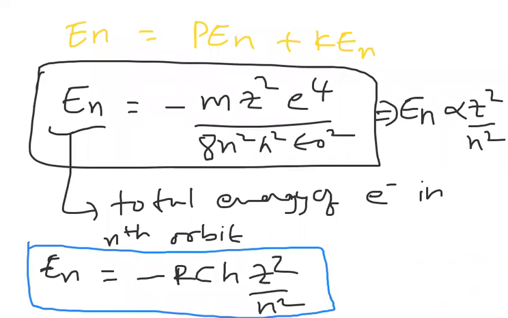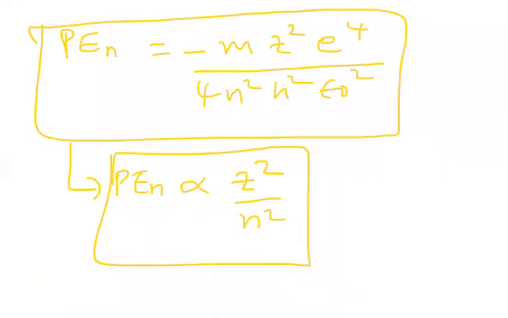Observe the potential energy formula. Here also the minus sign is there, and in the denominator we have 4. For total energy, we have the minus sign, but the denominator is 8. For potential energy we have 4, with the same negative sign.